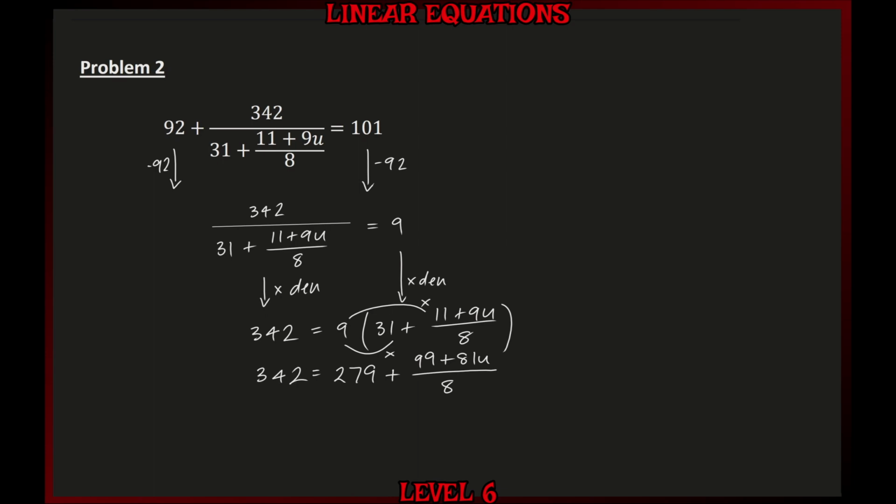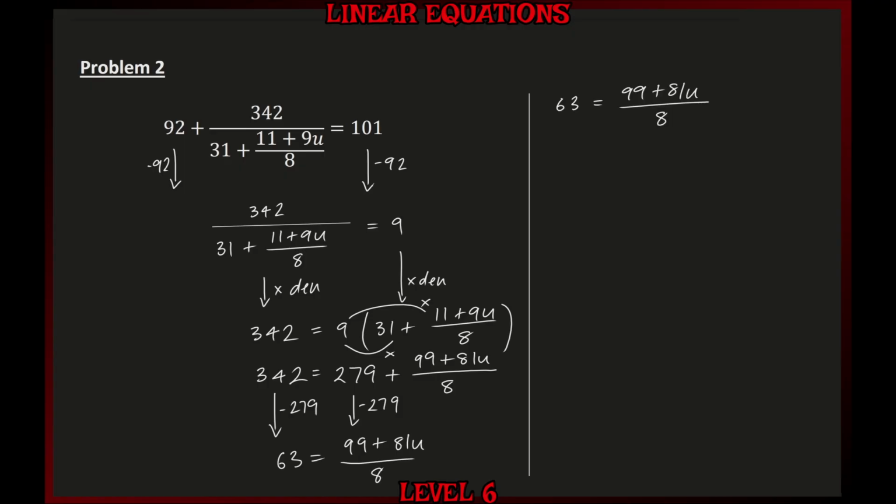Next, we'd like to remove the 279 from the right. So we can subtract 279 from the right and do exactly the same on the left. And on the left, 342 minus 279 gives us 63. And on the right, the 279 and the minus 279 cancel out, so we're just left with 99 plus 81u all over 8.